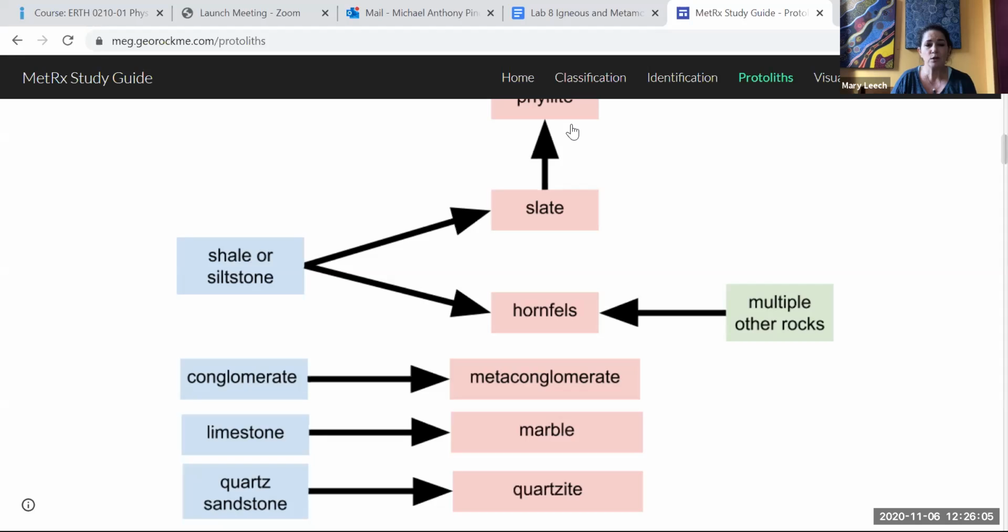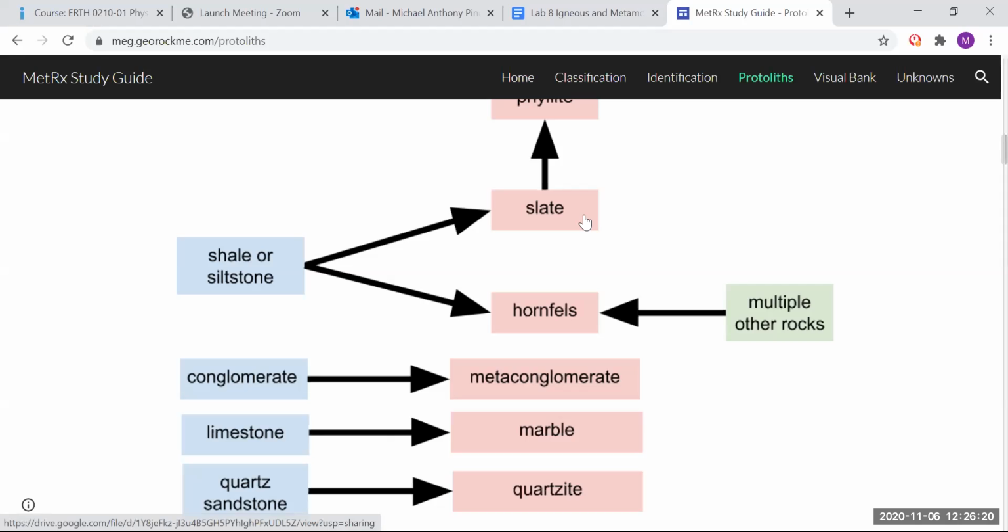So if it looks just like a granite except in metamorphic form, it's okay to say I think it probably was a granite. Oh, okay. That makes more logical sense to me than trying to look at that compositional banding and say, oh, that looks like a shale. It doesn't really.